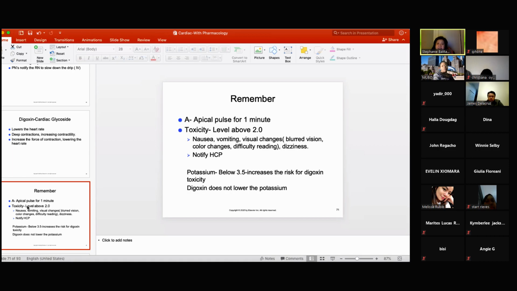Now, the interesting thing about digoxin is potassium. Any potassium below 3.5 increases the risk for digoxin toxicity. Digoxin does not lower potassium. It's just that if you have a patient that has hypokalemia and is also taking digoxin, it increases their risk for toxicity.